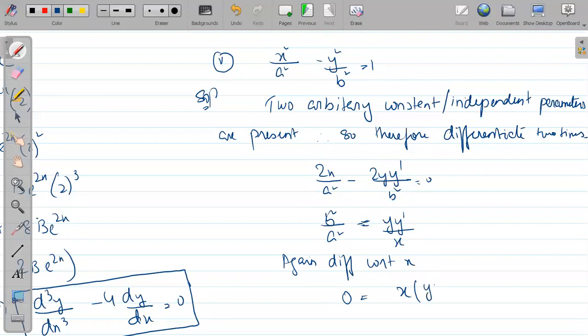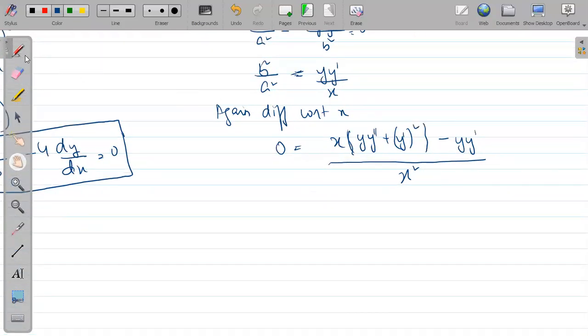So y dash is what? Y double dash plus y dash whole square minus y dash by x square. See, if you do it this way, then the tension of removing the parameters is already gone. So we have already obtained the answer. This is better now. x y dash square, you can write y1 also.